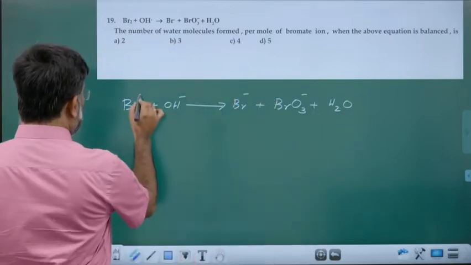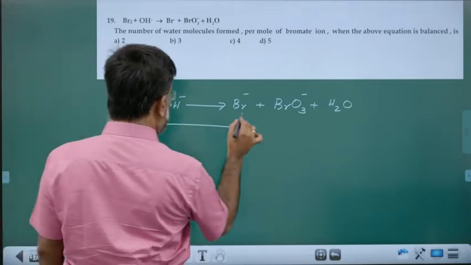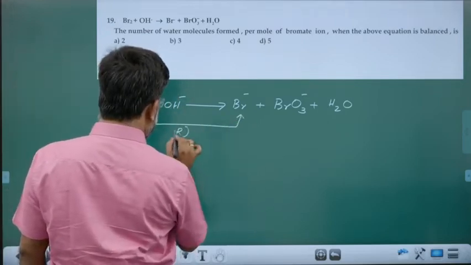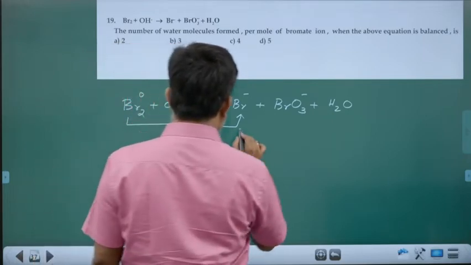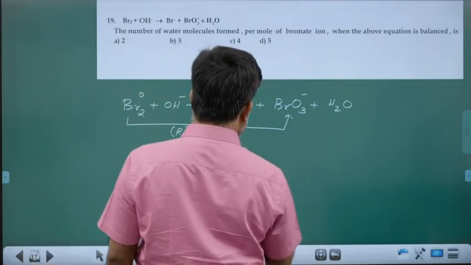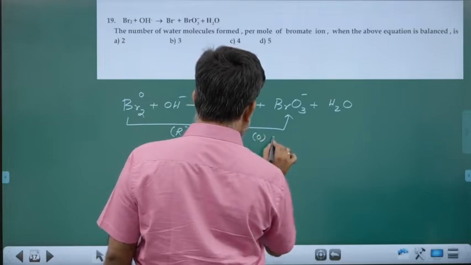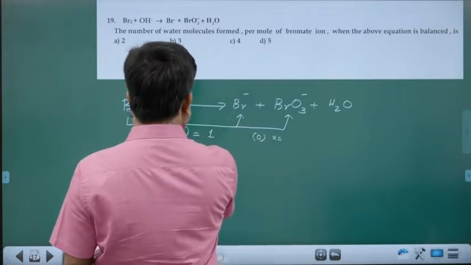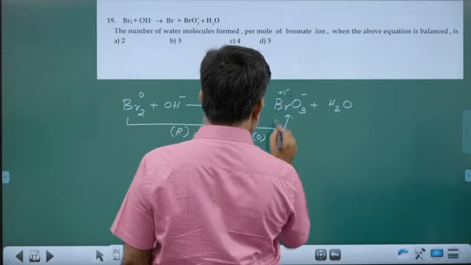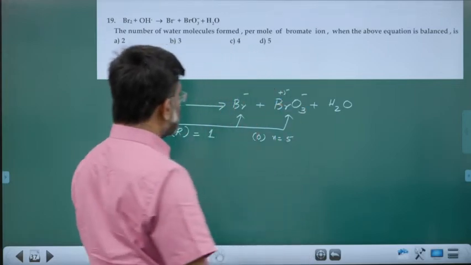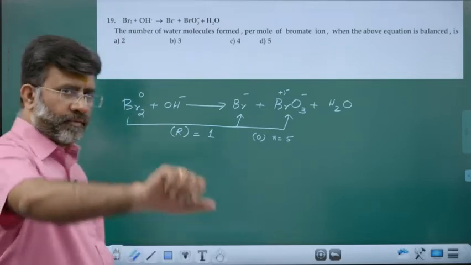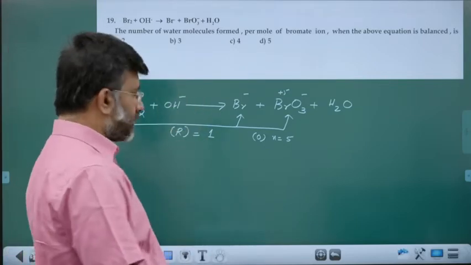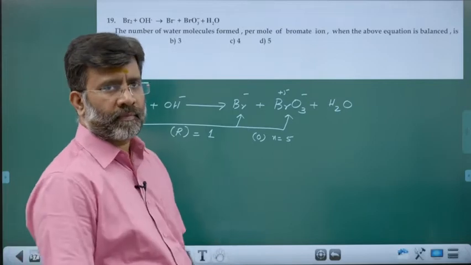Now see, bromine 0 becomes minus 1, that is reduction, n factor 1. And bromine 0 converted to bromate, that is oxidation, 0 to plus 5, n factor is 5. So oxidation n factor 5, reduction n factor 1. Right?